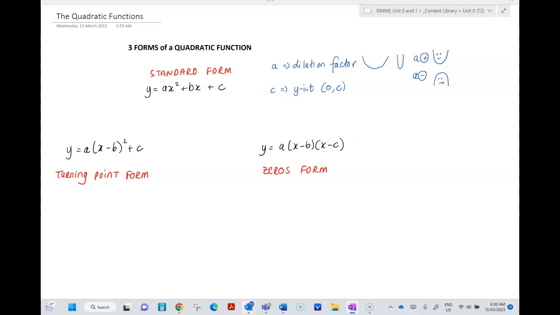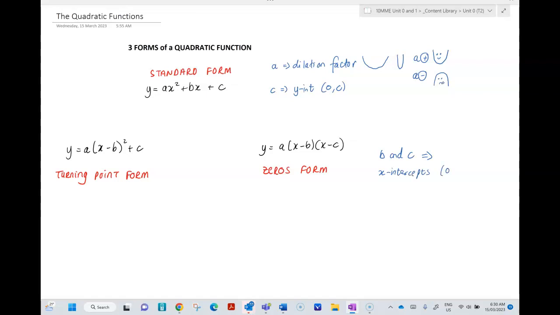Right, let's jump to the zeros form. Another name for x-intercept is a zero, also known as the roots of the quadratic. I'll start by talking about the values of b and c. So b and c actually give you your x-intercepts.